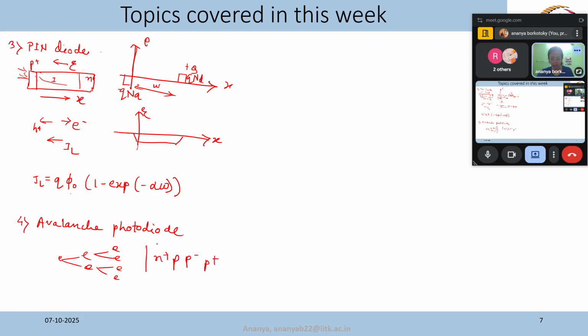In the n plus p region we have a large electric field, and that large electric field creates this avalanche effect. Because of the large electric field, electrons get high energy and do this multiplication, creating more and more electrons.